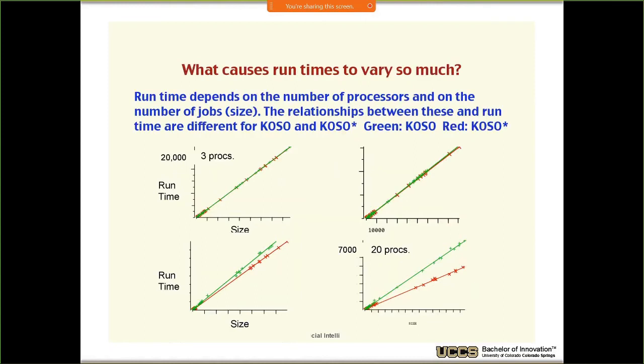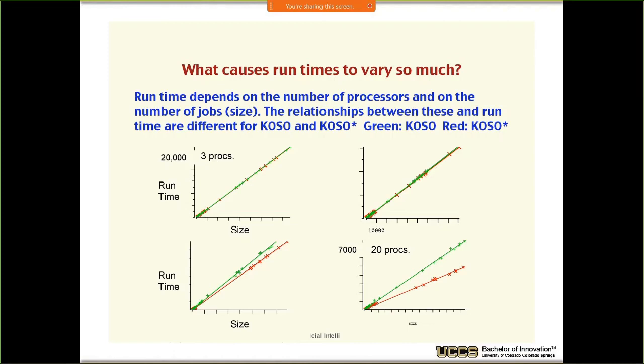So if I look at what causes it to run, this is exploratory. We're sort of looking at stuff, right? As we look at these, we have different numbers of processors: 3, 6, 10, 20. In the green, we see COSO, in the red, we see COSO star. We'll notice that as the number of processors or processes grow, the two lines start to diverge.